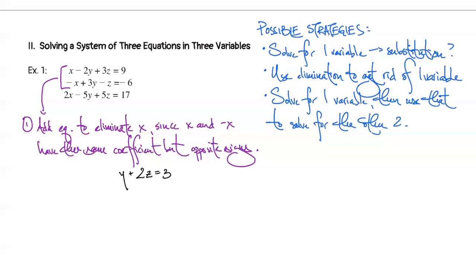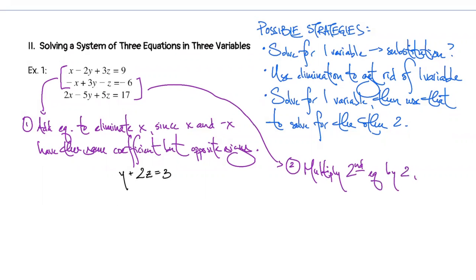It's really up to you in terms of what you choose to do, but maybe let's do this. Step 2, multiply the second equation by 2 and combine with equation 3 to get rid of x, right?